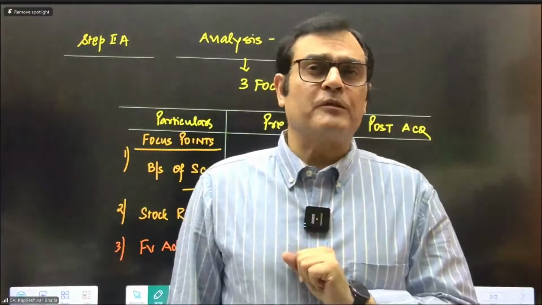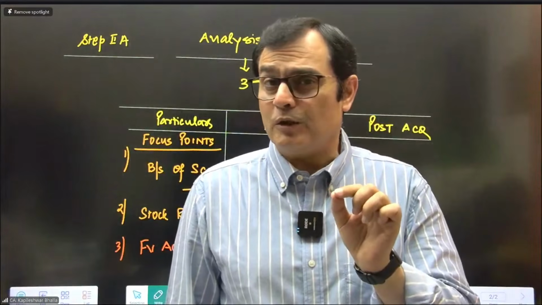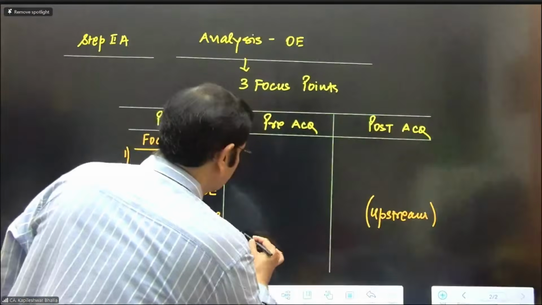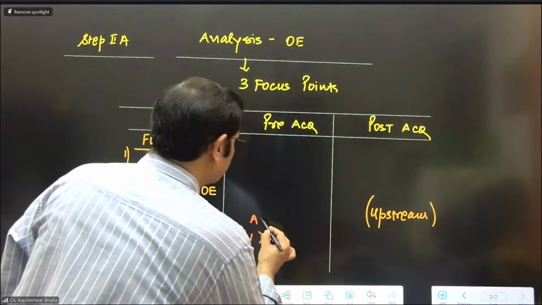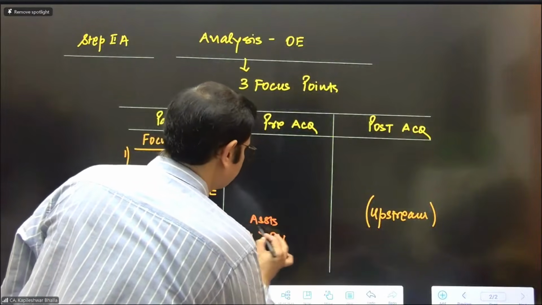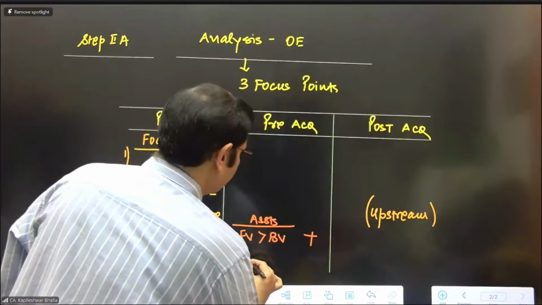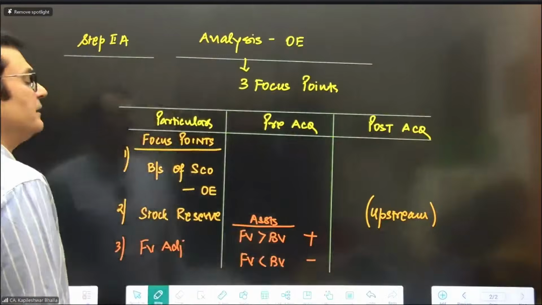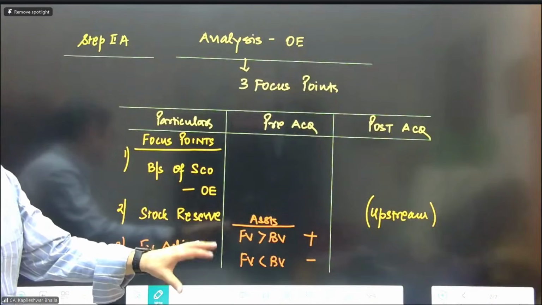So the difference between the book value and the fair value is going to be taken in the pre-acquisition column. If the fair value is greater than the book value, of course I'm talking in terms of assets right now, you will add this in the pre-acquisition. If the fair value is less than the book value, you'll reduce it from the pre-acquisition. Of course, liabilities go vice versa.